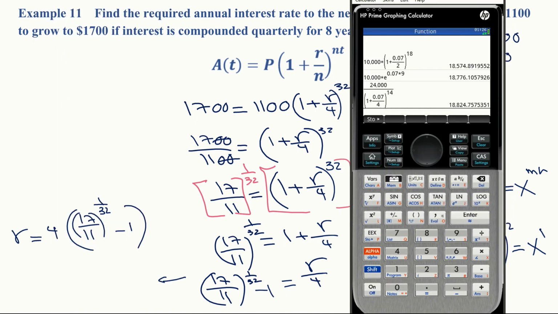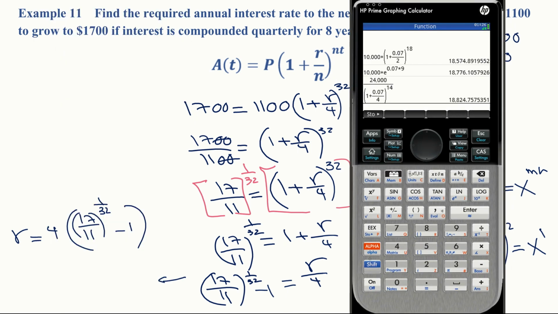So we get, let's clear all that a little bit. So we get 4 times, and we're going to want another pair of parentheses for 17 over 11. We're going to exit the first set of parentheses and type to the power of 1 over 32.